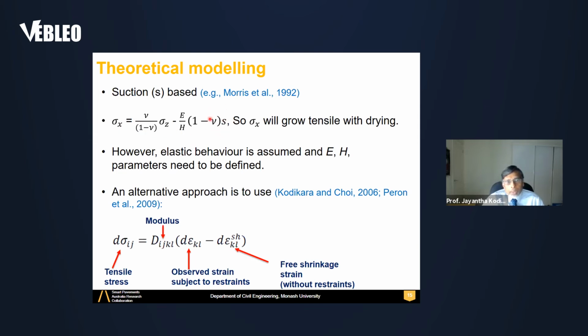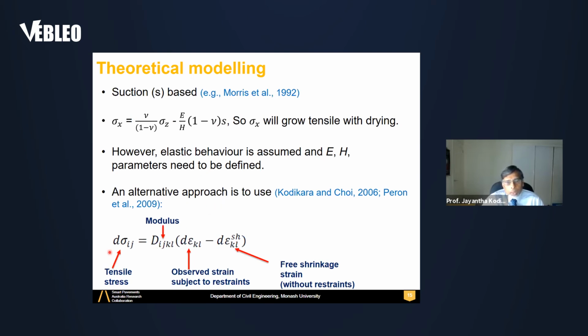When suction increases, sigma x becomes negative because this component is going high. So you could develop some equations, but the parameters are the modulus and the H modulus against suction. However, they are elastic properties. We know these properties change significantly as soil dries, and it's a highly nonlinear process. Therefore, an alternative approach is needed.